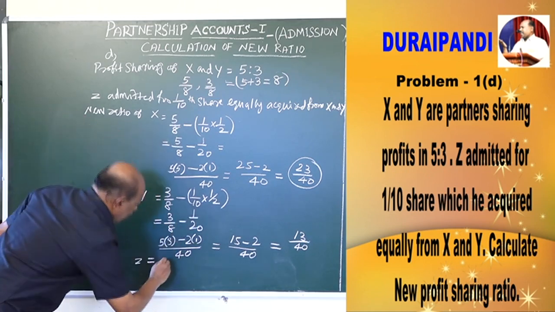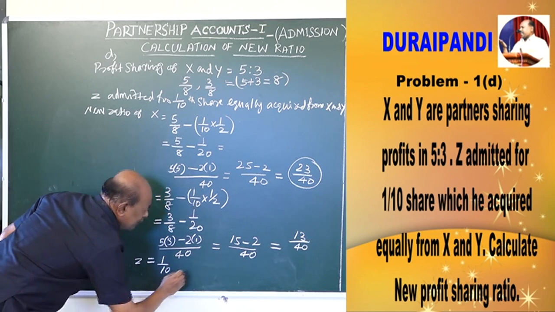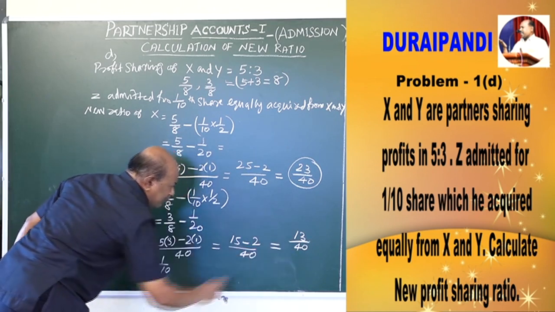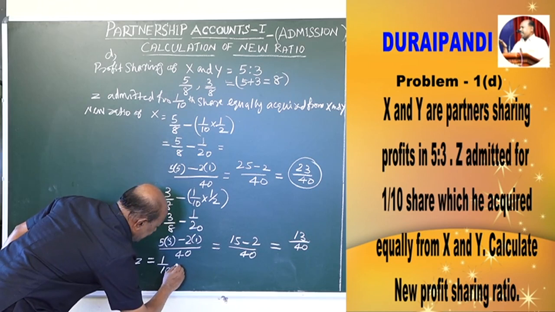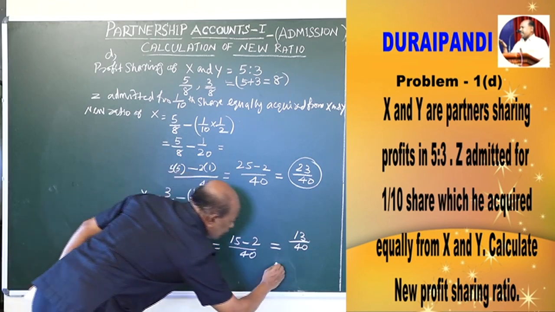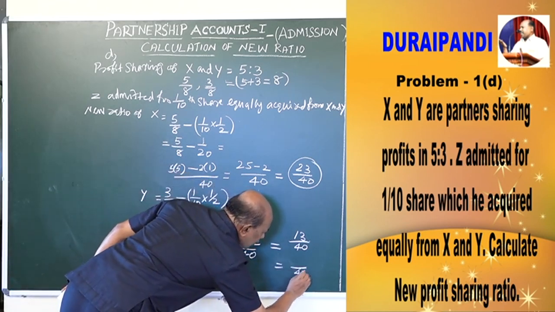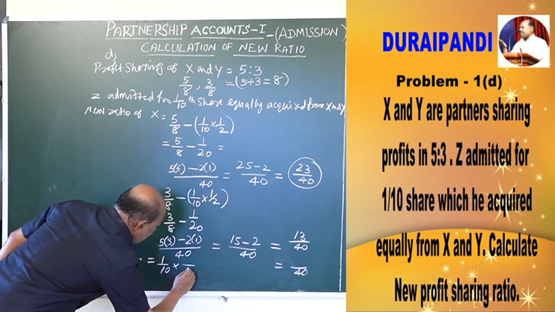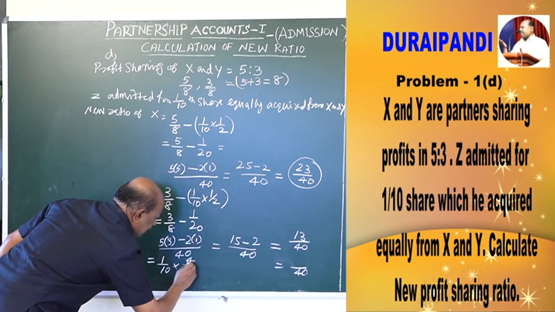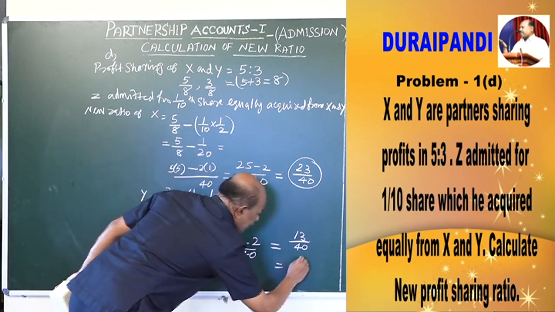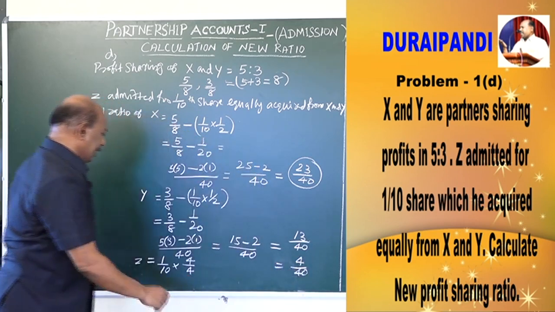Now for Z equal to 1 by 10, make it in the proportion of 40, multiplied by 4 in the numerator also, that is 4 by 40.